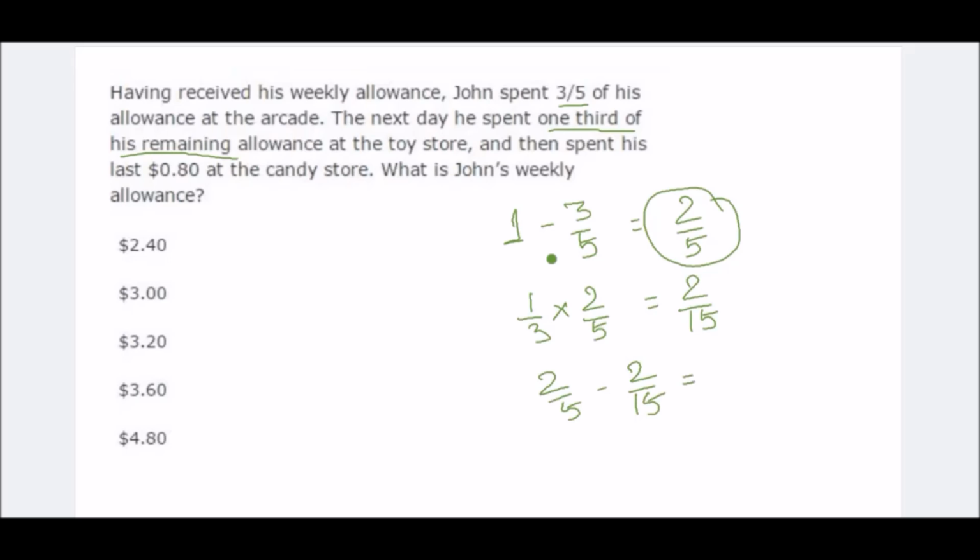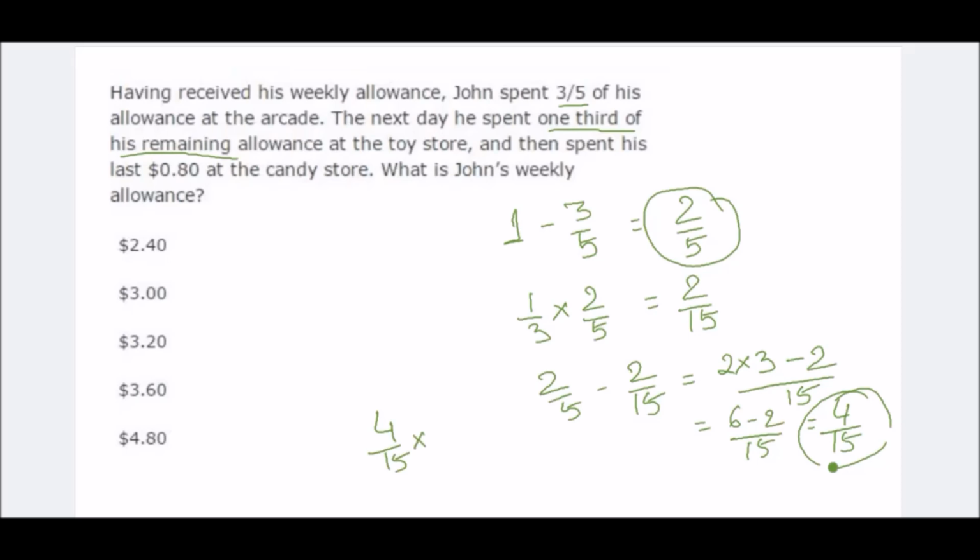So it will become 2 into 3 minus 2 divided by 15. So 6 minus 2 divided by 15. So here it came 4/15. So this is the remaining value, and this remaining allowance is spent on the candy store. So 4 by 15.